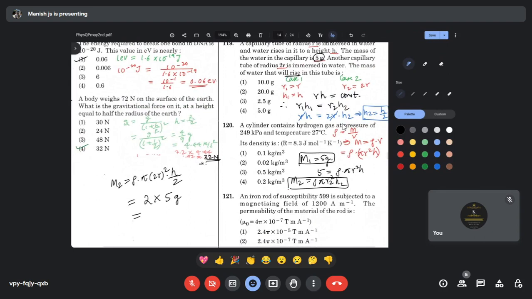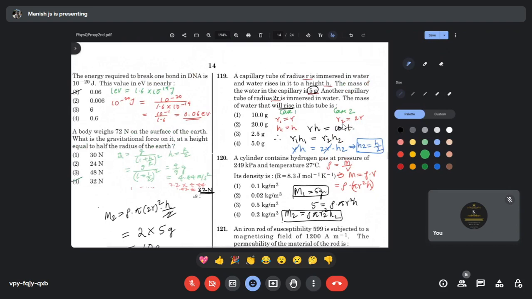So 2 times 5 grams would ultimately give you 10 grams, because after you cancel out this 2 and that 4, you are left with one more 2. That is the meaning. So the answer is 10 grams, which is option 1.